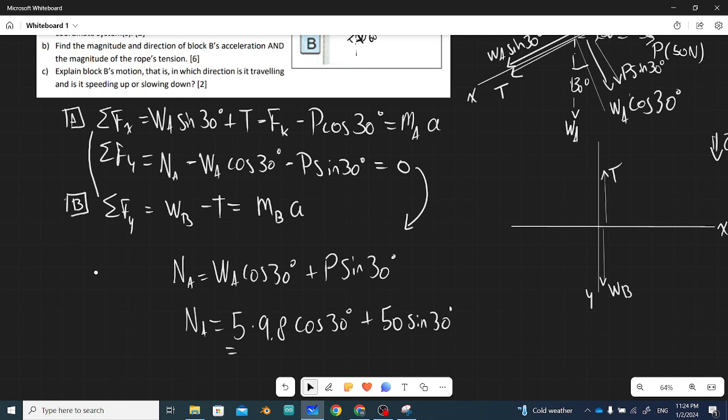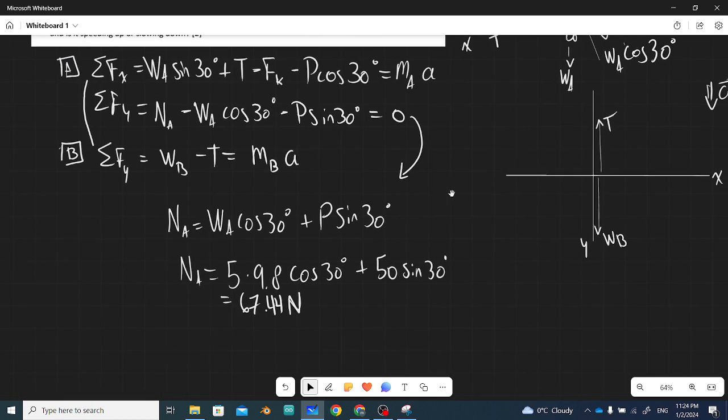Let's calculate that. 5 times 9.8 cosine of 30 plus 50 sine of 30. That would give us 67.44 Newtons. So that's normal force. So now let's find the kinetic frictional force.